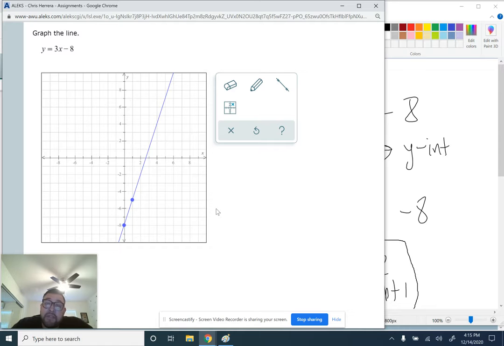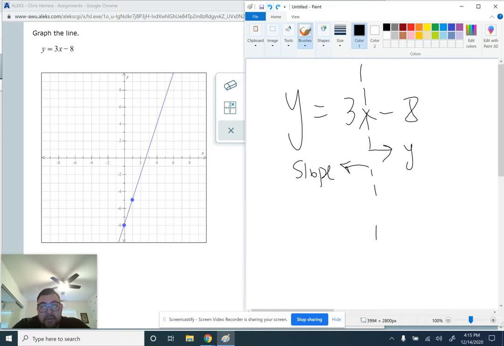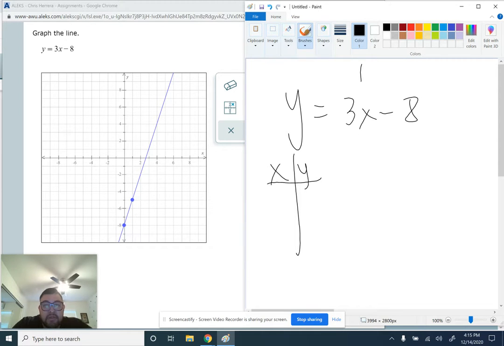If we don't use the hack method, then the other way to do this is the painful way. It's not impossible to do. It's just a little more painful, a little more tedious. We would make the XY chart. We would choose 2 points, so 1 and 2.